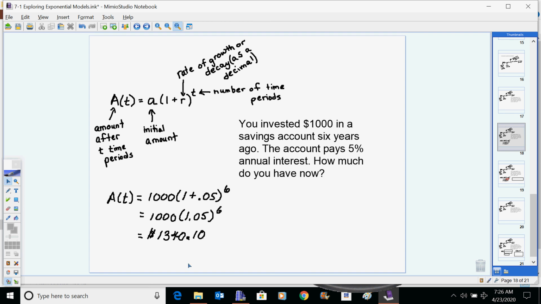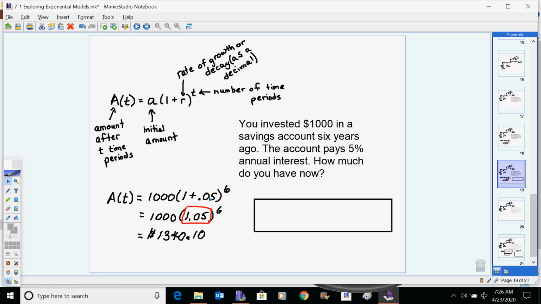So that's pretty nice because the growth was exponential. Way better than if you just took 5% of the 1,000 every year, because each year it's growing based on the previous year. So that's pretty good. So you've got that $340 extra that you wouldn't have had if you didn't just leave that $1,000 alone.